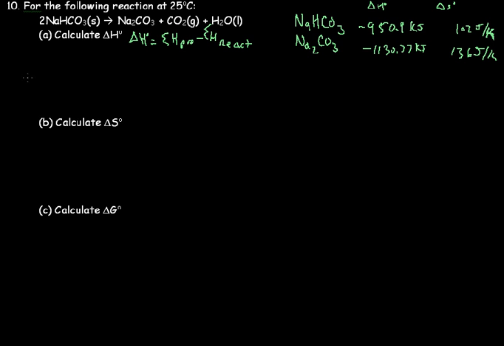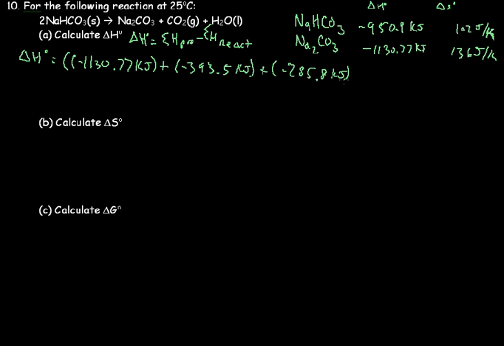And if I look those up, I should end up with delta H naught negative 1130.77 kilojoules plus negative 393.5 for carbon dioxide kilojoules plus negative 285.8 kilojoules.